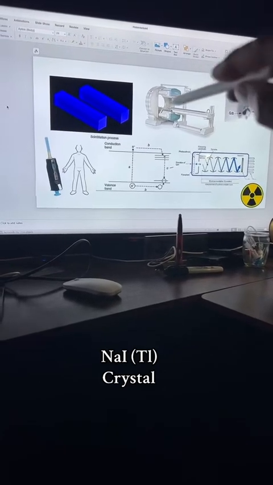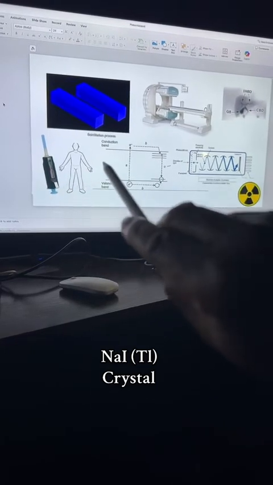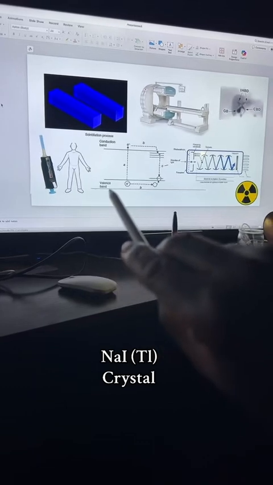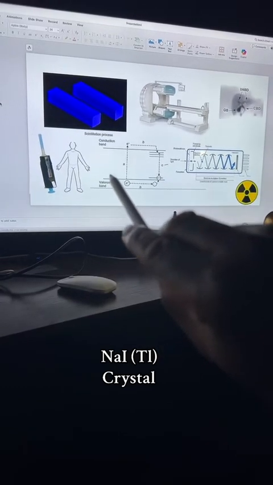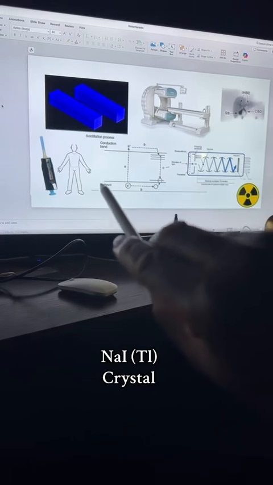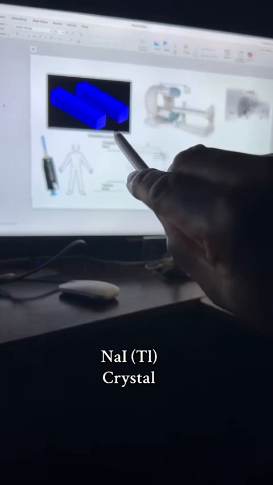The crystals would scintillate, so you'd have the gamma ray photons hitting the crystal. What's happening in that interaction is the photons interact with electrons of the sodium iodide, grabbing one of those electrons and letting it get excited, bouncing up from the valence to the conduction band.